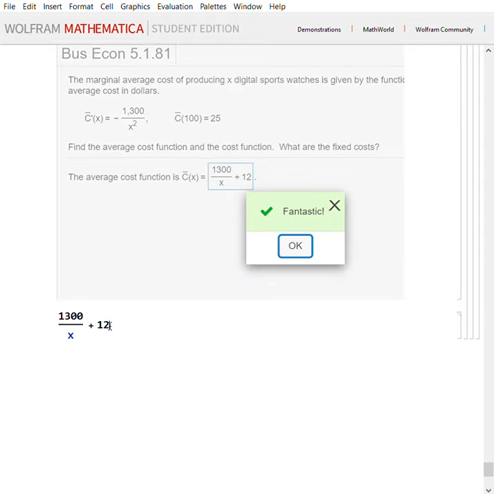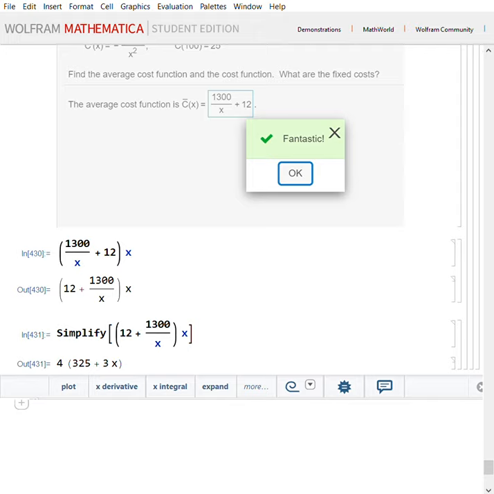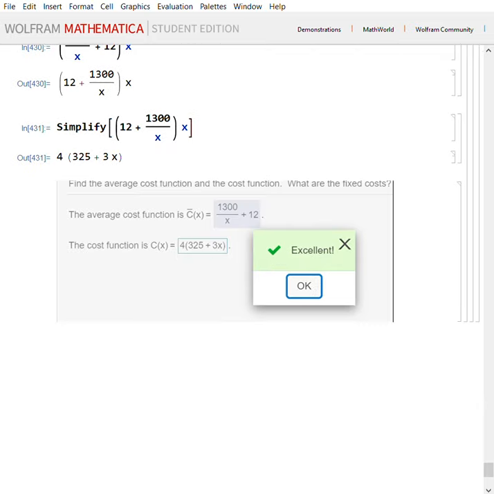And since normally you would divide your cost function by x to obtain the average cost, here we're going to multiply it by x to obtain the cost before its average. This here I would assume is our correct answer. We might have some formatting inconsistencies with, no, that worked. And this is the answer.